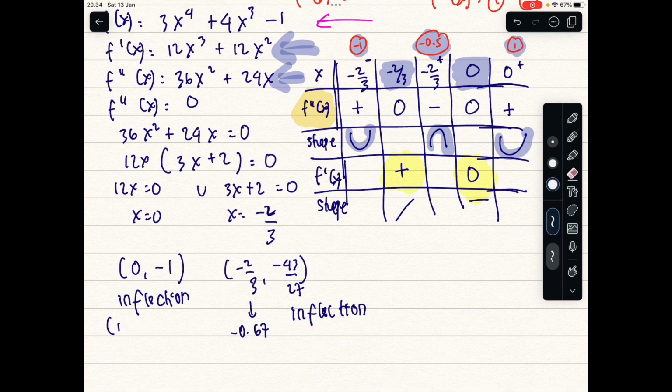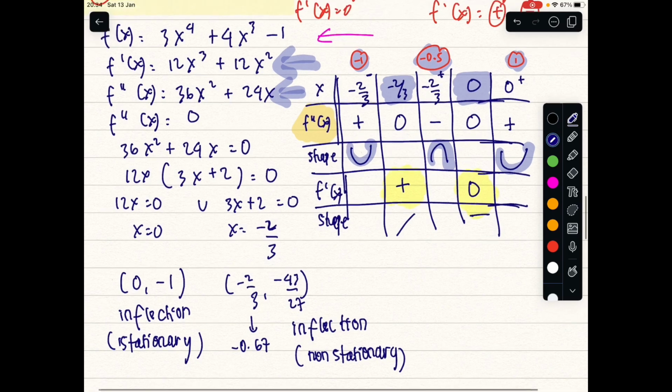The 0, -1 is a stationary inflection, because the first derivative at 0, -1 is 0. And the -2/3, -43/27 is non-stationary because the first derivative is positive. Non-stationary. Okay, there we go.